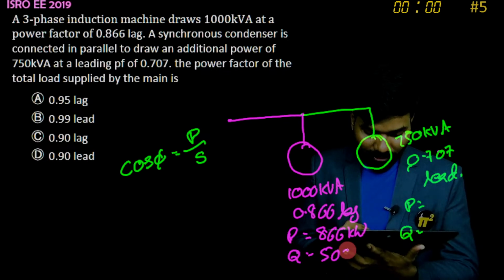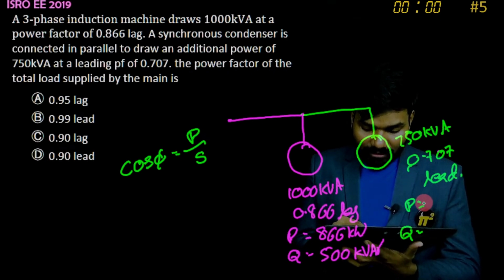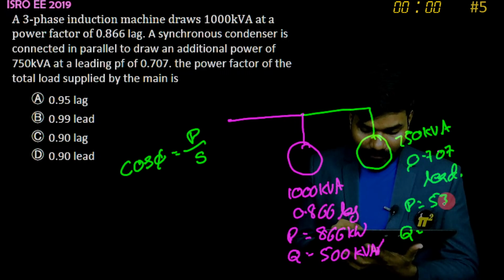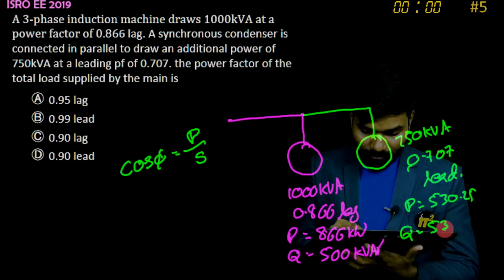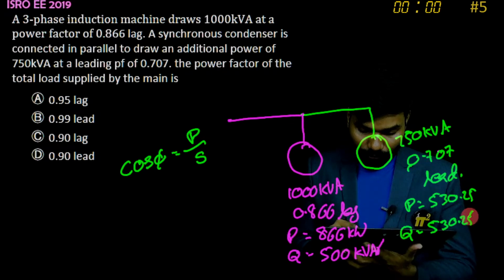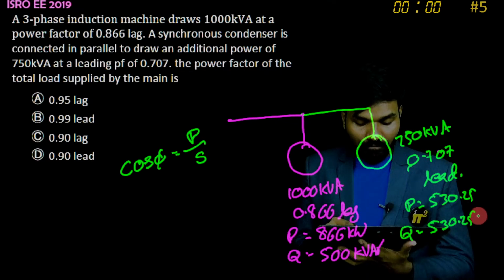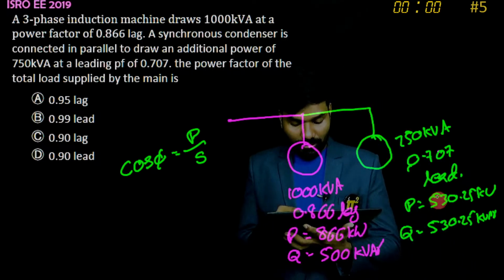Here this is 500 kVAR. Now for this, the P value is 530.25 kW, and here also 530.25 kVAR.